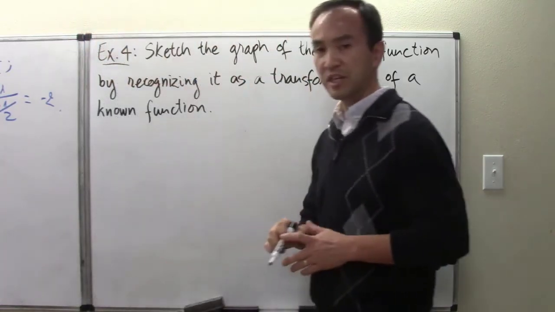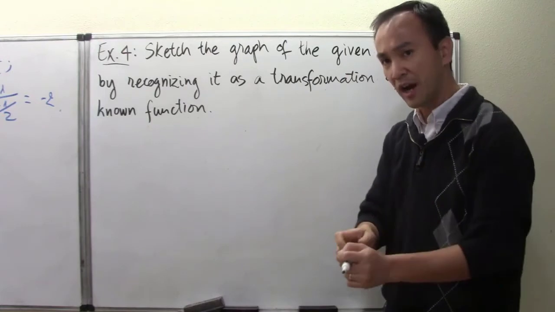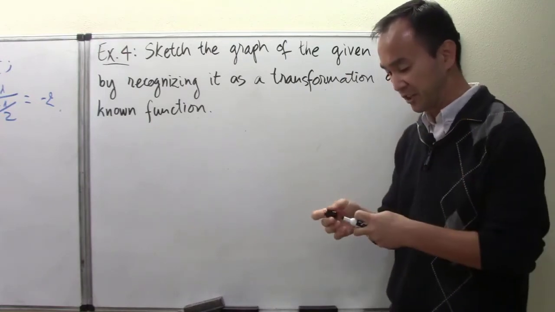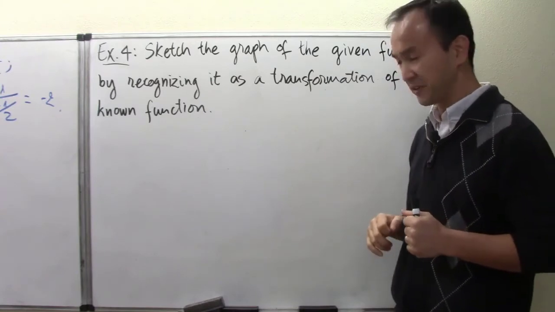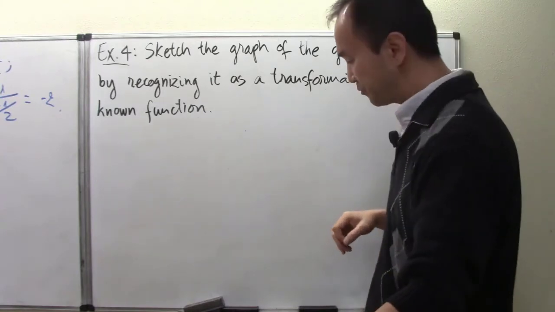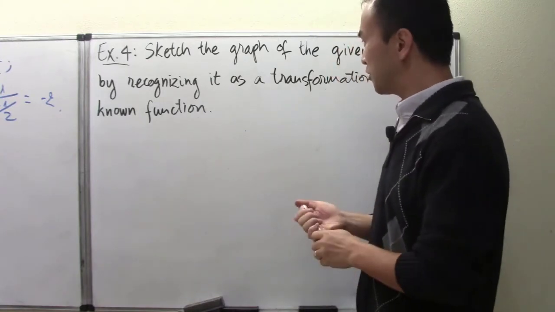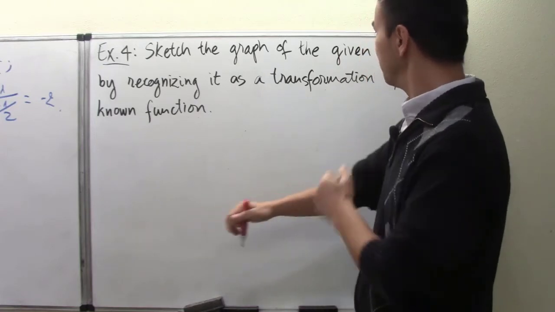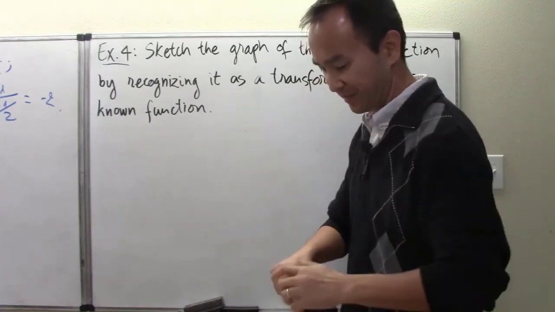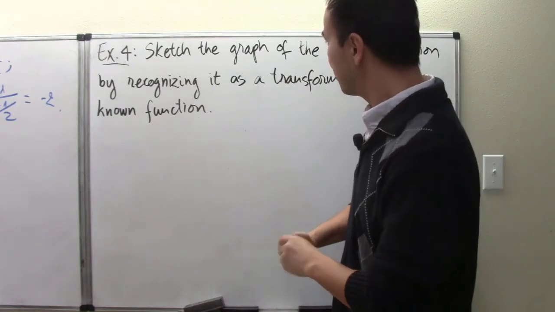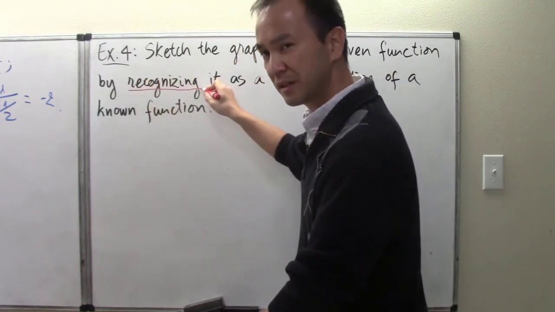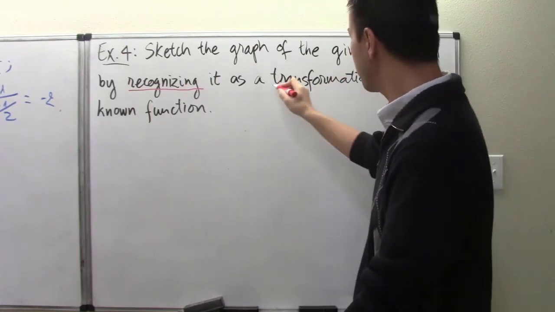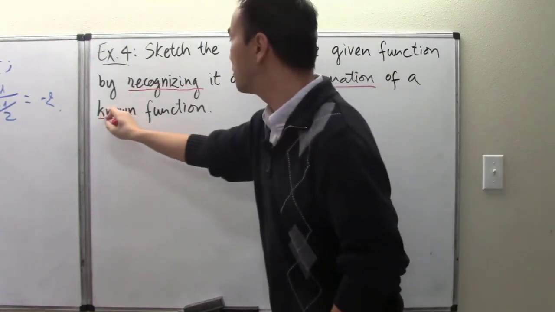So we have seen this similar kind of example quite often before, even in the earlier lecture and earlier examples of this current lecture. Okay, and so we want to build our skills around these. So the idea now is that for any function, we want to simply recognize the function that we will be sketching as a transformation of a known function.